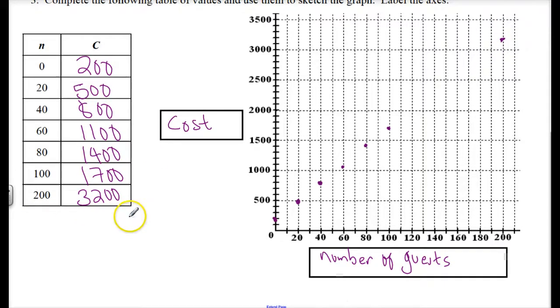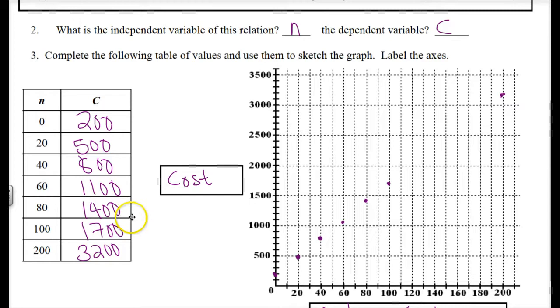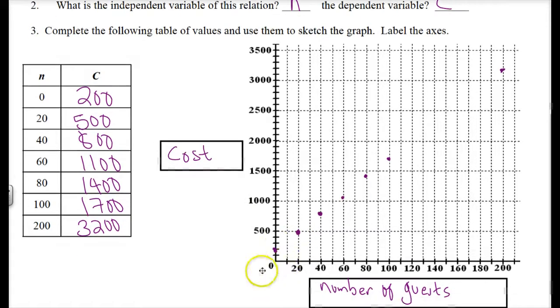Now at this point, the question should arise, would I join these with a straight line? And the answer would be no, these are discrete, number of guests are discrete. However, we probably would use a straight line just to show us the trend. So if we wanted to say, what about 140 guests and be able to read the number off the graph, we could do that by drawing a line, with the understanding that this really shouldn't be joined by a straight line.